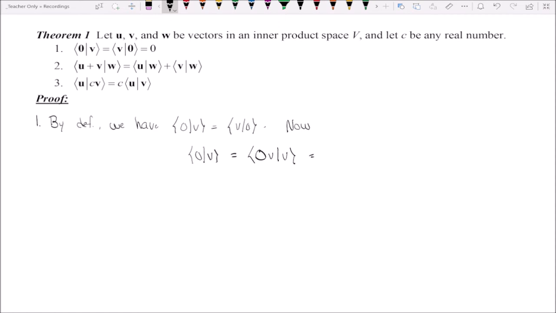And then we can write it as 0 times the inner product of v with v. But remember, by definition, the inner product of v with v is a real number. So 0 times any real number is itself 0. Right? So that proves the first property, and as was stated, the remaining two statements will be left as an exercise.